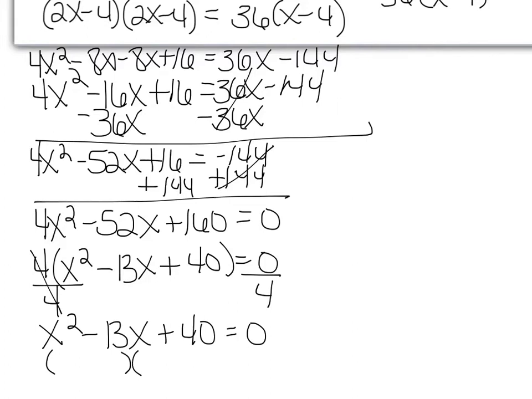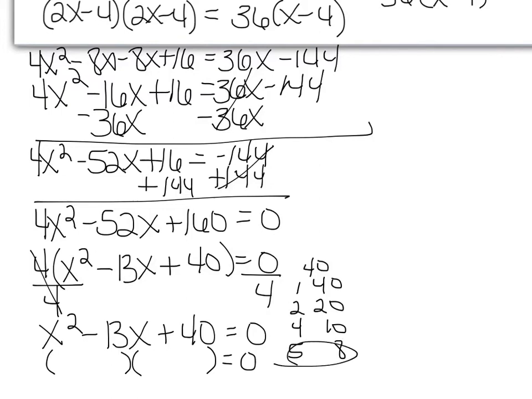So you're going to build your houses. Factors of 40 are 1 and 40, 2 and 20, 4 and 10, and 5 and 8. 5 and 8 are what's going to give me 13. So I have an x and an x. If your first sign is minus, you change your second sign, and your larger number always goes first.